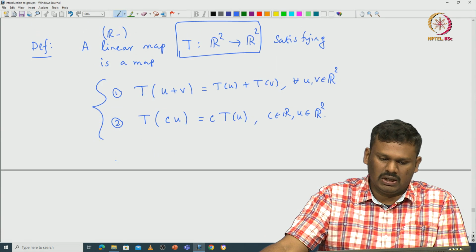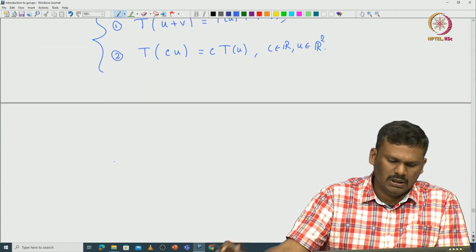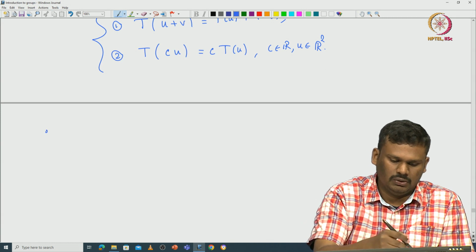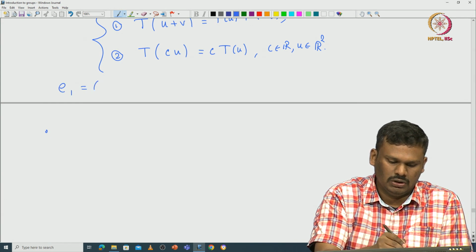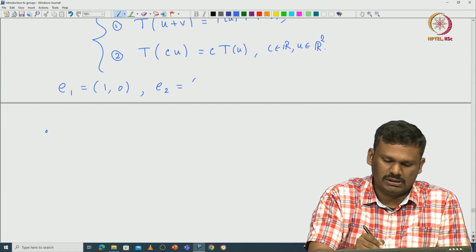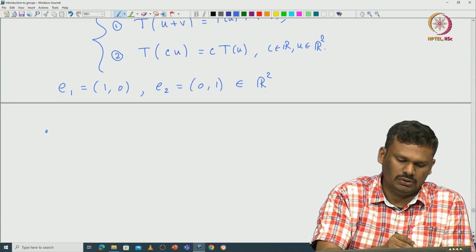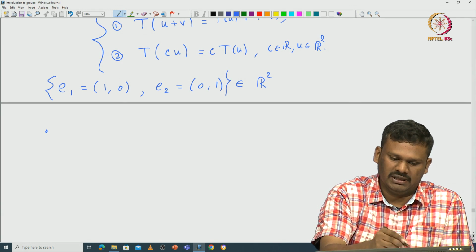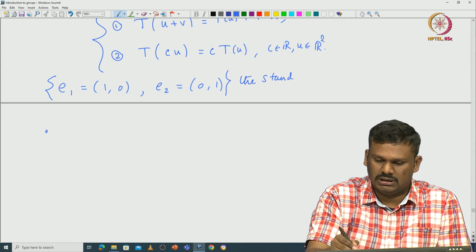Now I will recall some elementary facts about these linear maps. Those properties are easy to verify, and I will leave it to you to check. What is the most important property? You have the standard basis of R2, which we denote by E1 and E2. E1 is the first standard basis vector (1, 0) and E2 is the second one, (0, 1). So, these are two vectors in R2, and this is called the standard basis of R2.